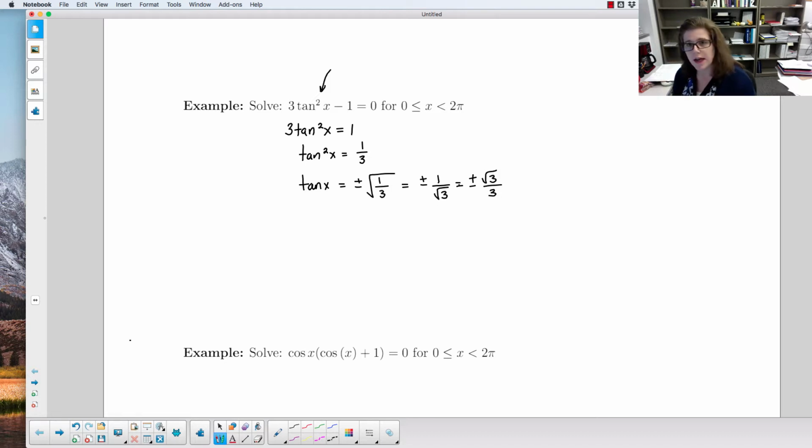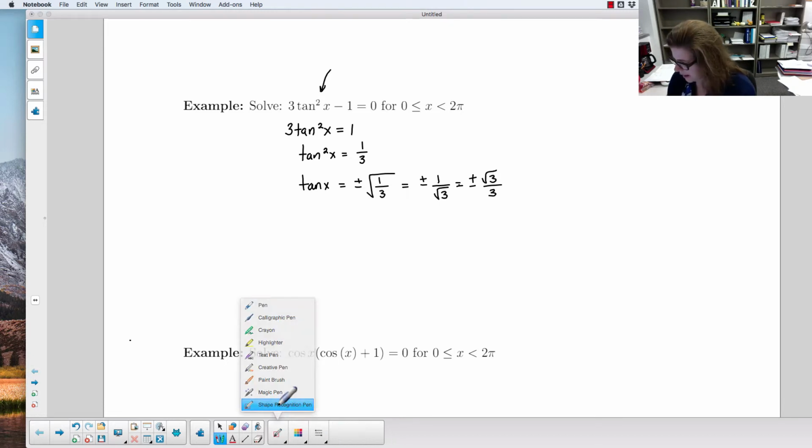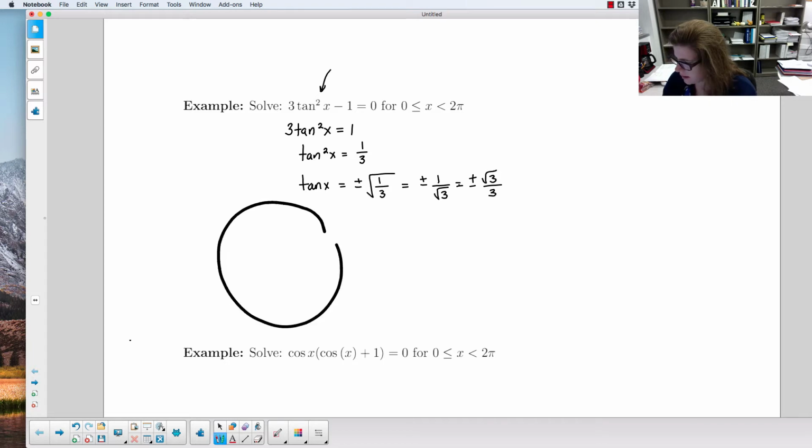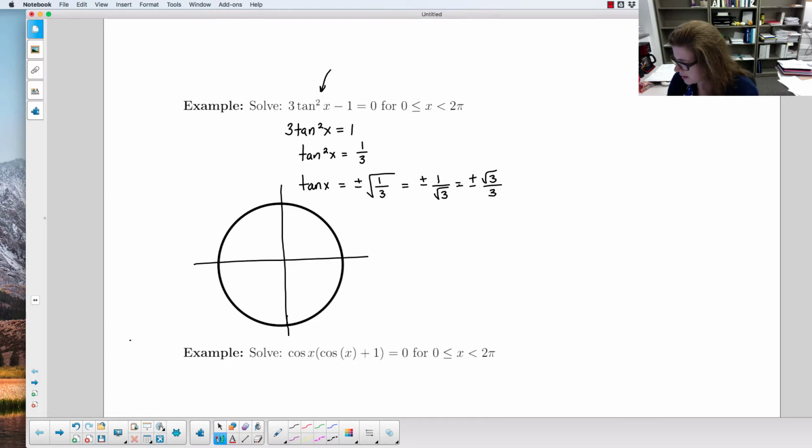Now we have to figure out what angles make that true, so our goal is to solve for x. Now if we are looking at tangent, these are based, remember, on the unit circle. So tangent is the slope of the line that makes the angle, so square root of 3 over 3 are our pi over 6's. We have them in all 4 quadrants. So here, pi over 6, this becomes 5 pi over 6, 11 pi over 6, and 7 pi over 6.